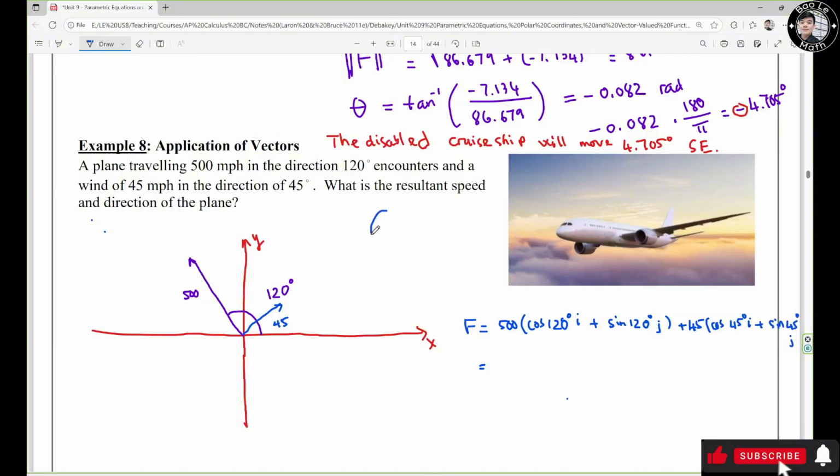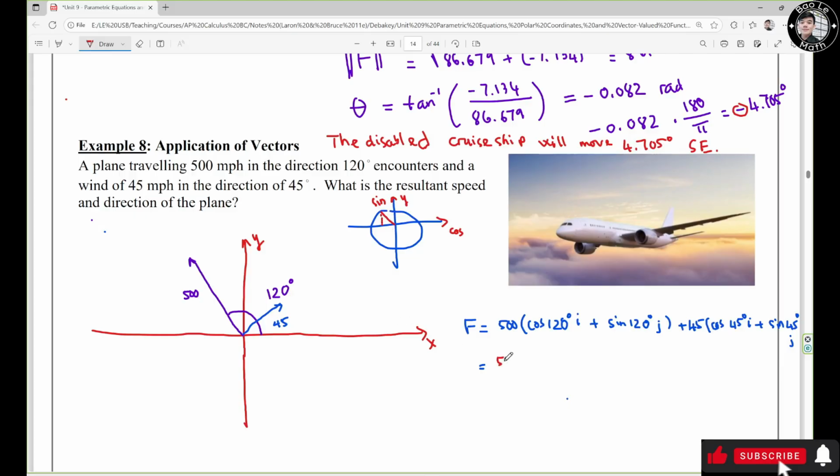Now we're going to sketch the unit circle. The x-axis represents the cosine function. The y-axis represents the sine function, right? Now cosine of 120, so 120 is going to be right here. When you project down to the x-axis, it's going to be negative 1/2, right?